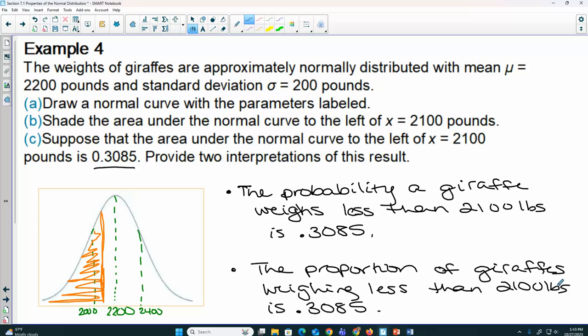That's like saying if I took all the zoos in the Midwest, then finding the probability that one giraffe weighs under 2,100 pounds is 0.3085. If I look at all the giraffes together, 30.85% of them weigh under 2,100 pounds. So you can think of it as a probability of one or a proportion describing your whole population. Those are the 2 applications. All right, any questions there?